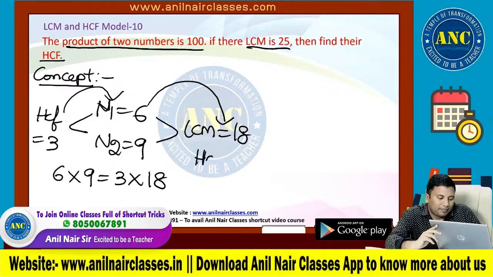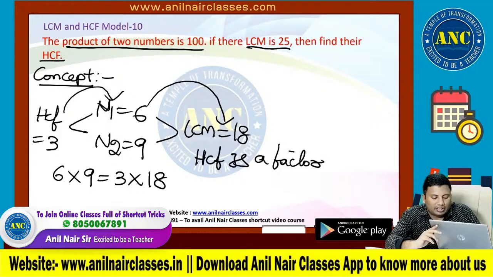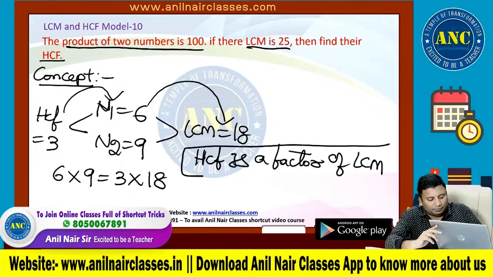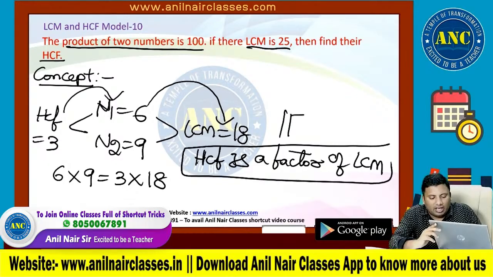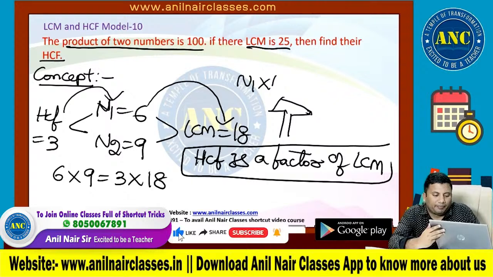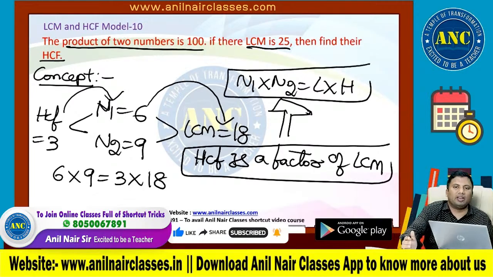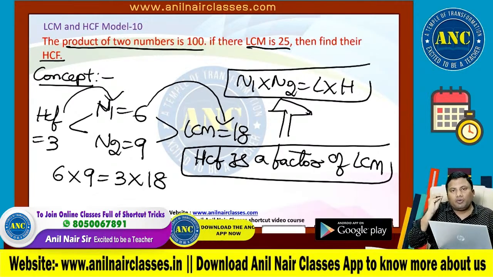That means HCF is a factor of LCM. HCF will always be a factor of LCM. N1 into N2 is equivalent to LCM into HCF. It does not matter which formula you are using.